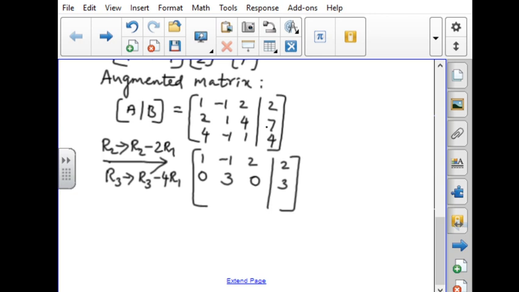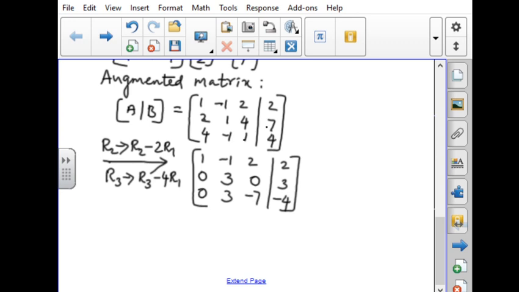Similarly, in the third row we multiply the first row by 4: 4 minus 4 is 0, minus 1 plus 4 is 3, 1 minus 8 is minus 7, and 4 minus 8 is minus 4. So we get the next matrix.